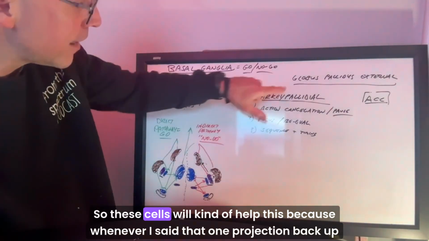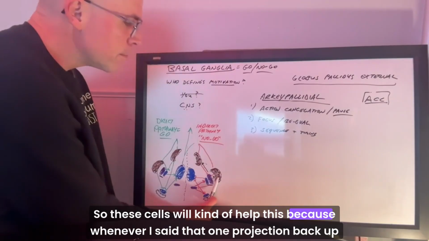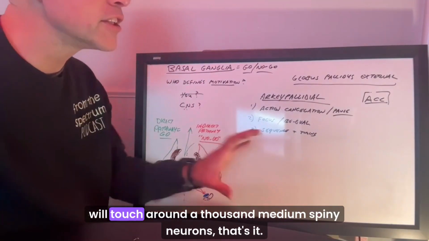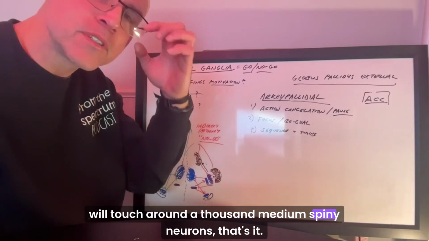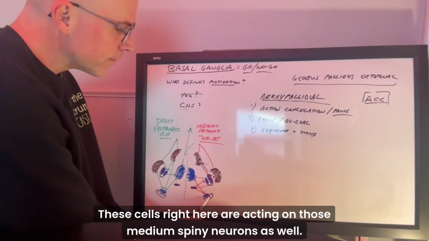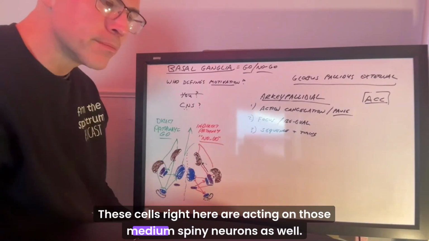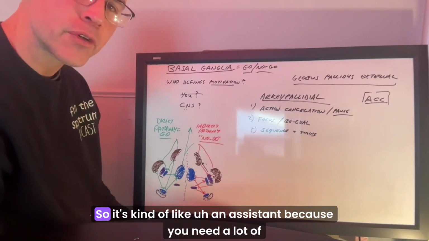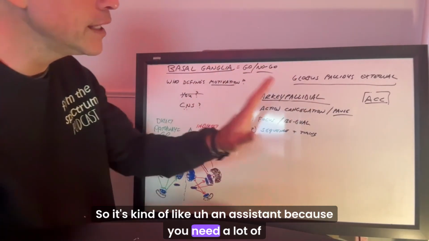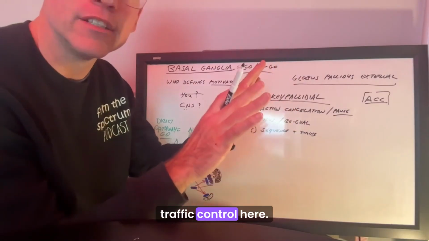So these cells will kind of help this, because whenever I said that one projection back up will touch around 1,000 medium spiny neurons, that's it. These cells right here are acting on those medium spiny neurons as well. So it's kind of like an assistant, because you need a lot of traffic control here.